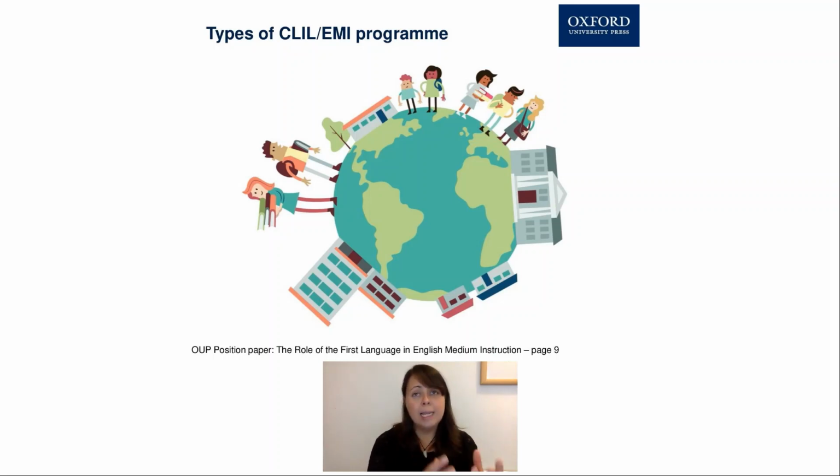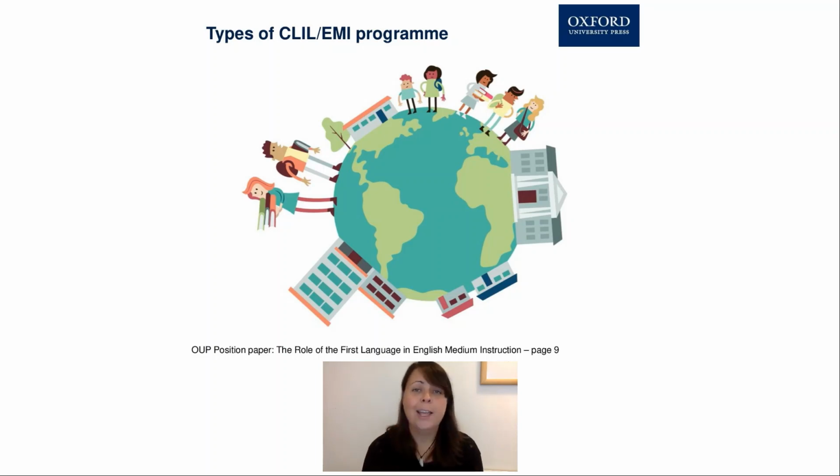Now, CLIL and EMI programs exist around the world in many different contexts. So the geographical and social context may vary, as well as the type of institution and the age of the students.